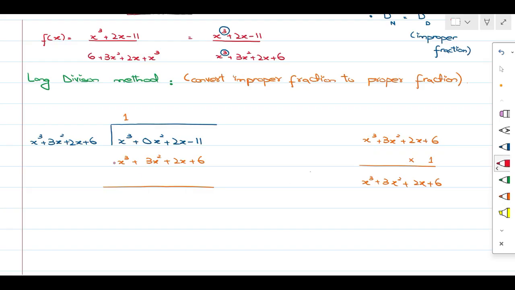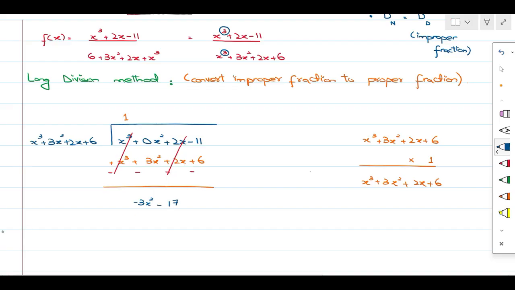In subtraction, we change the signs: negative, negative, negative, and negative. Now positive x cube and negative x cube are cancelled out, and here we are left with 0x square, and minus 3x square would be minus 3x square. Positive 2x and negative 2x are again cancelled out, and here we are left with minus 11 and minus 6, which would be negative 17.